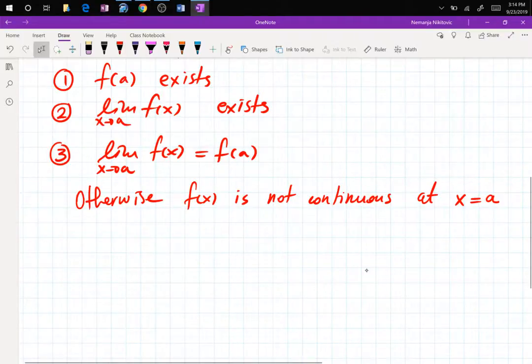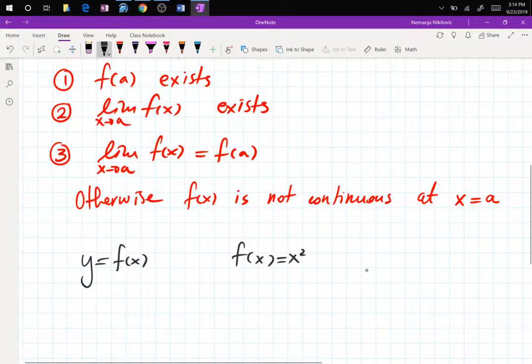So if you are to write y equals f of x from your pre-calculus, that's just a name for the function. And then you can say f of x is x squared plus 3, let's say. Now, you can plug in x equals a, and that will output f of a, in our case a squared plus 3.